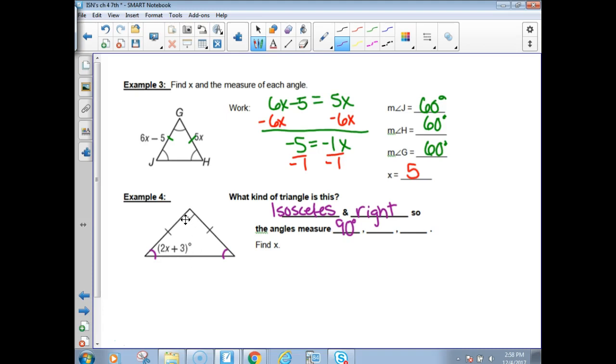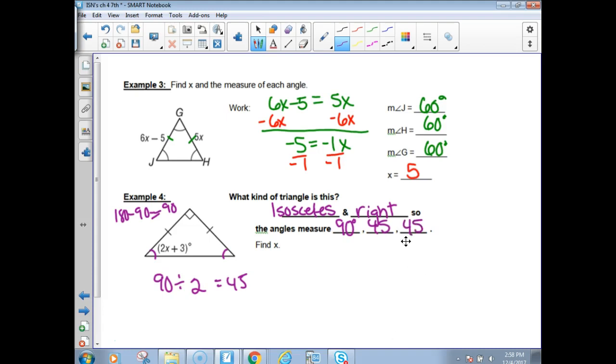If one angle in a triangle is 90, the other two add up to 90 because 180 minus 90 is 90. Now they're both equal, so we divide the 90 by 2, and that gives you 45 each. So they're 45 degrees apiece.